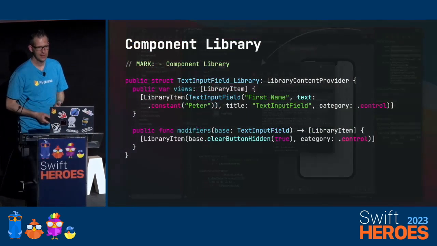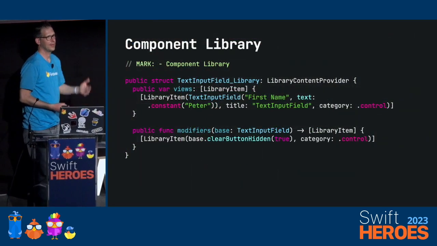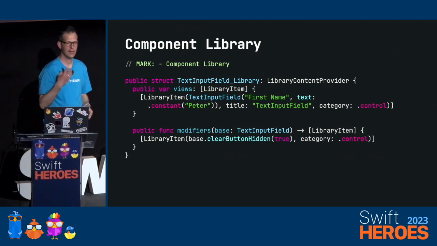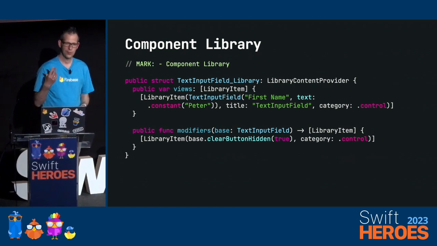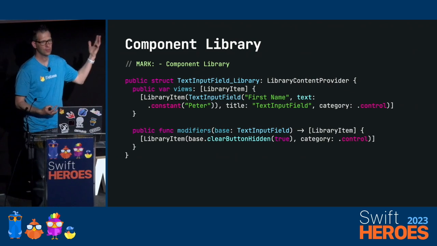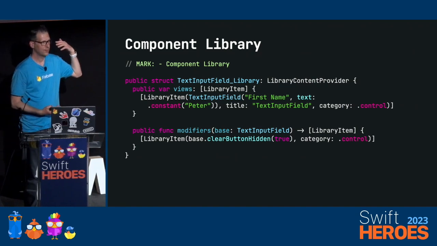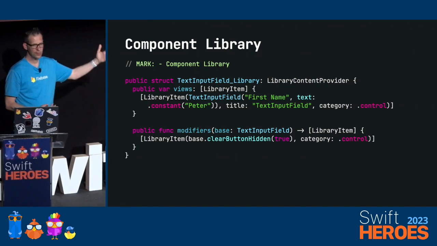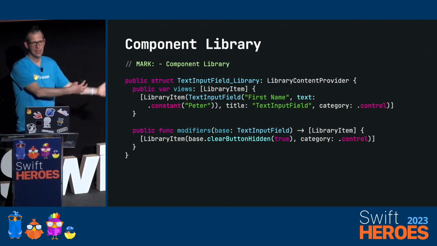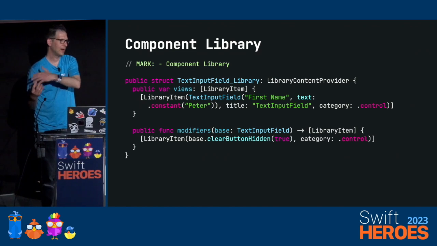There's actually an API to do that, right? You can implement a library content provider, and that library content provider has two methods that you implement, one for the views and one for the modifiers. In the views method, you will just register all the views that you want to expose to the library and say, well, here's a text input field, and these are the default values that I want to define.